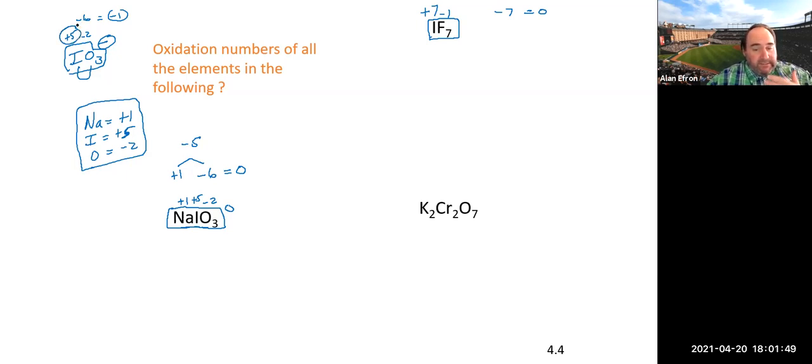Here, attached to 7 fluorines, the iodine carries a +7 charge to balance that out to 0. Iodine would be +7, fluorine -1 in terms of oxidation numbers. Any questions on that?